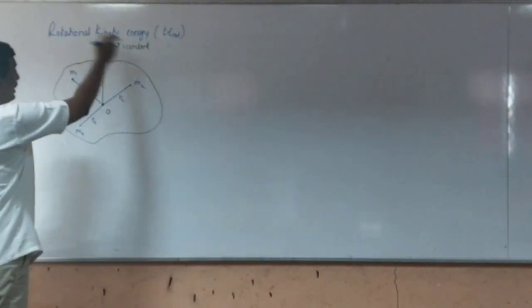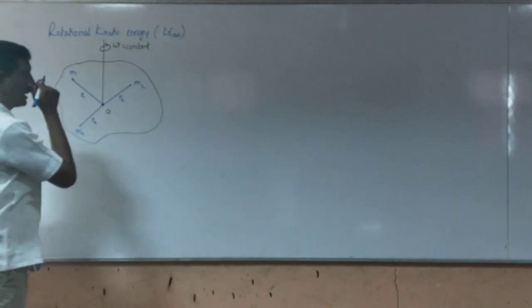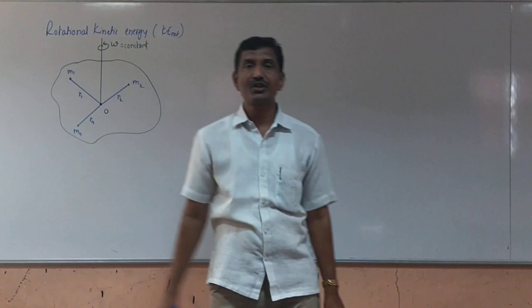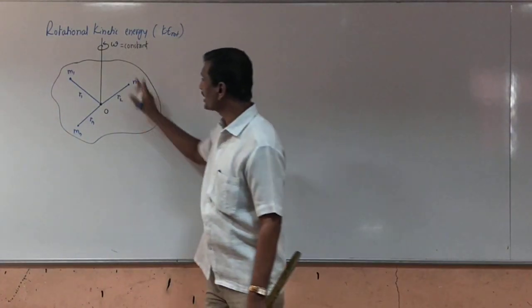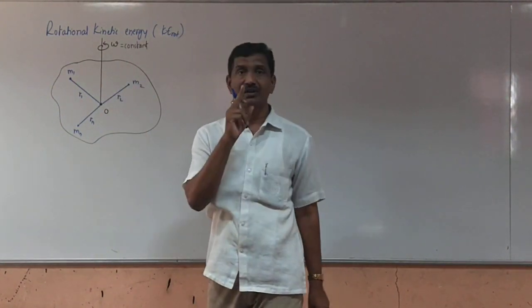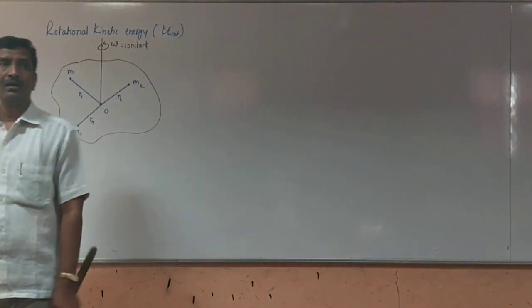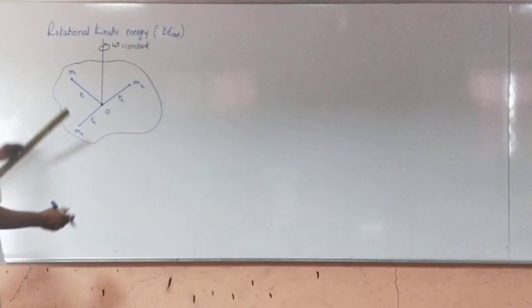Now this body is rotated about the given axis of rotation. As the body performs the rotational motion, every particle of this body performs a circular motion.